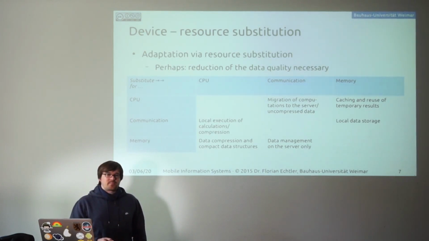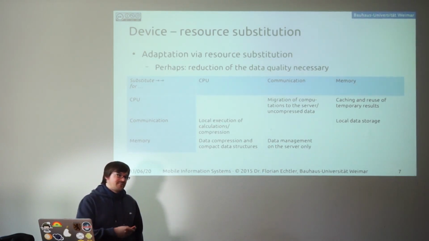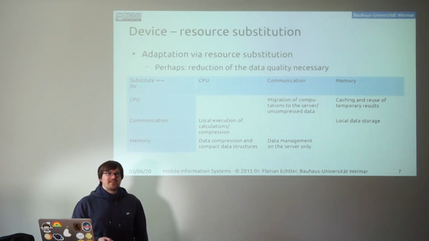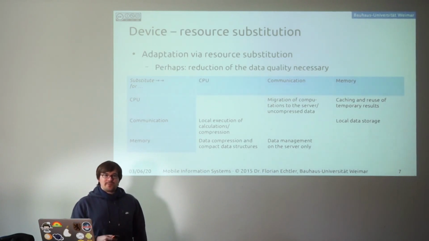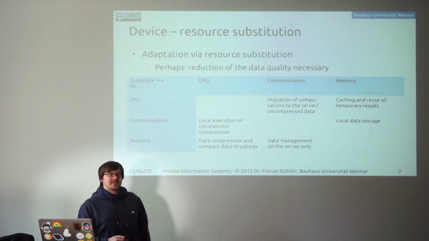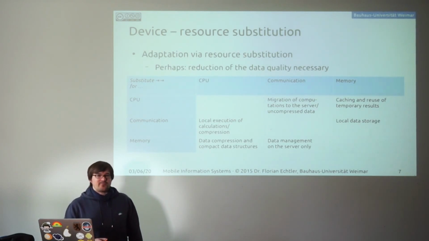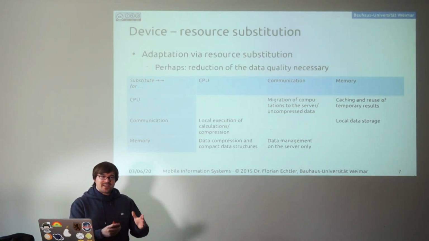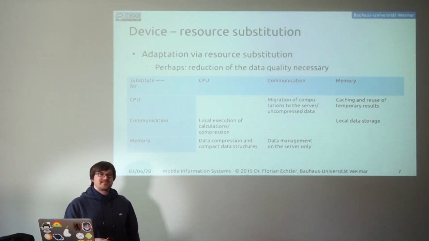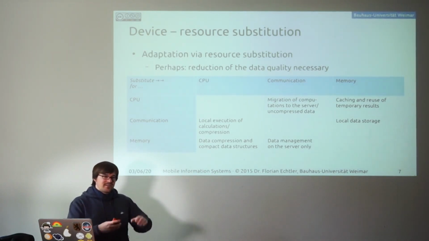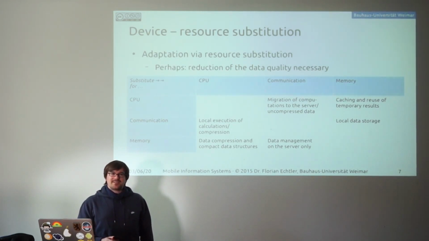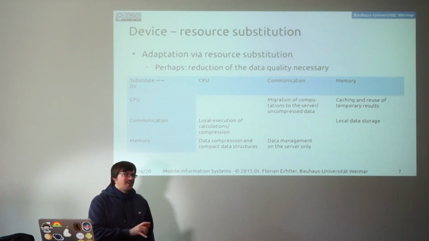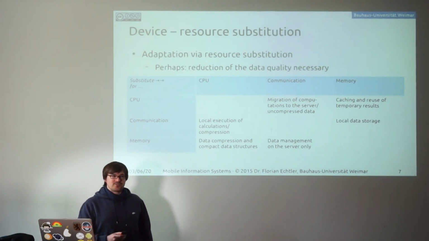But in general, as I said previously, it's probably a good idea to make at least the decisions about which substitution to make on the mobile device directly, because then you have more information available about what the actual, for example, screen size is, and the browser that's running, is it portrait mode or landscape mode, and so on. So server-side decisions on the information adaptation are probably not such a good idea anymore.